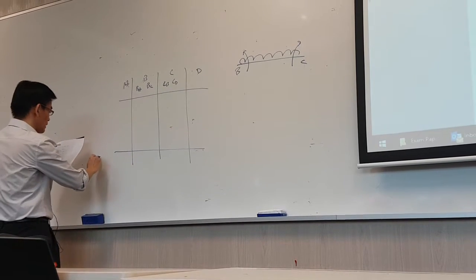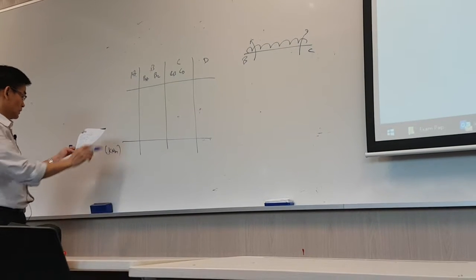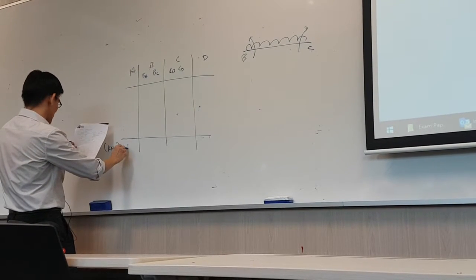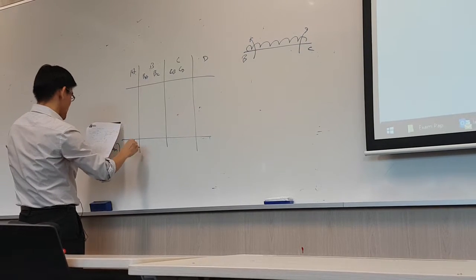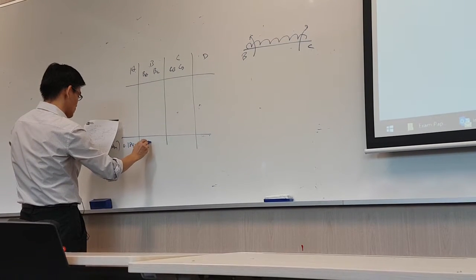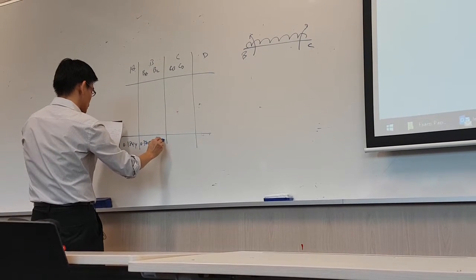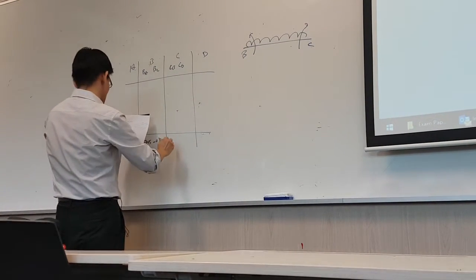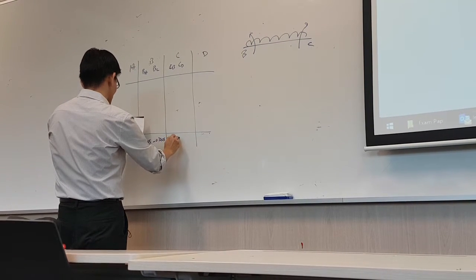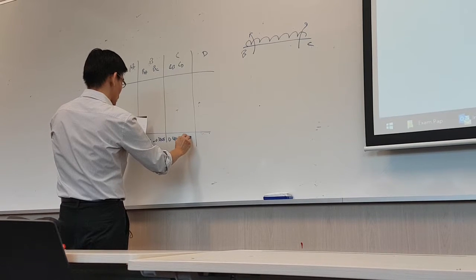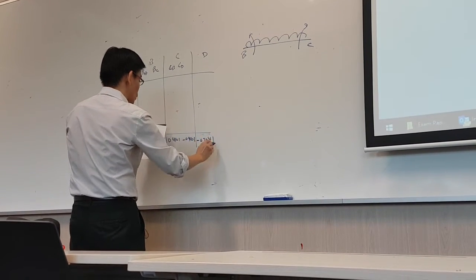I'm putting it in terms of kilonewton meter. The moment at A is 0.1844, and the one at B, which is AB, is 0.3705. BC is minus 0.3705. And C is 0.4101, minus 0.4101, and last but not least is minus 0.2041.